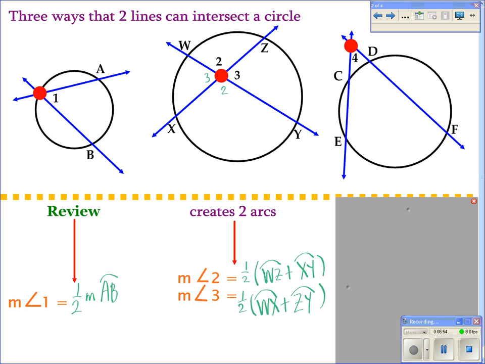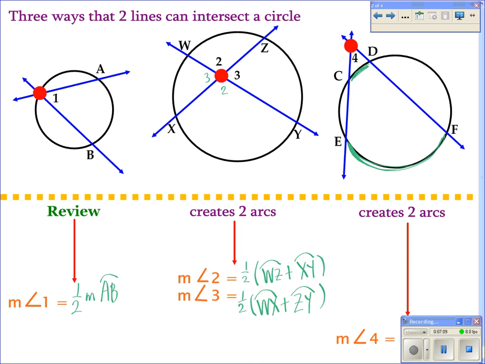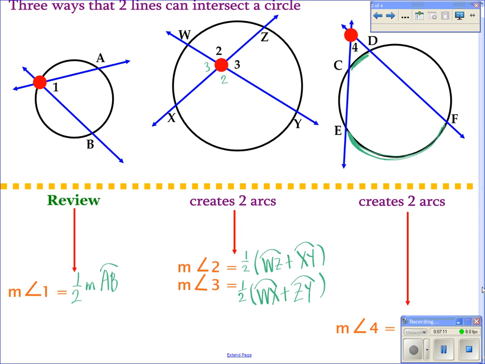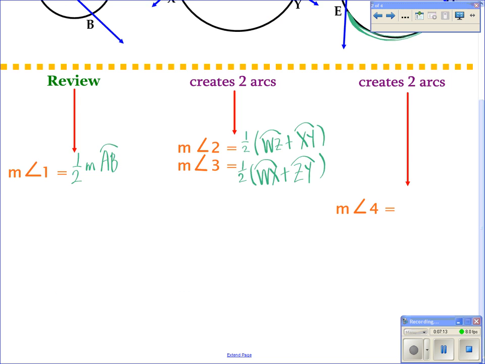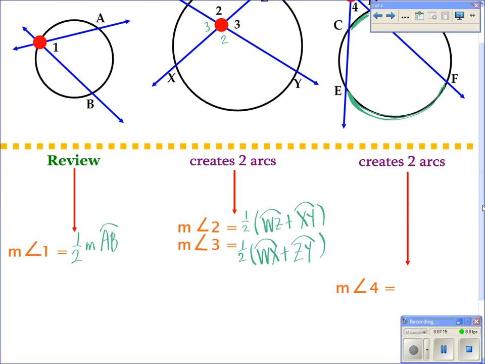Now, if they intersect outside of the circle, it still creates two arcs that it's open up to. Do you see that? There's one here and there's also one right here. Now, when it intersects outside the circle, the only difference is instead of adding, we're going to subtract on those.